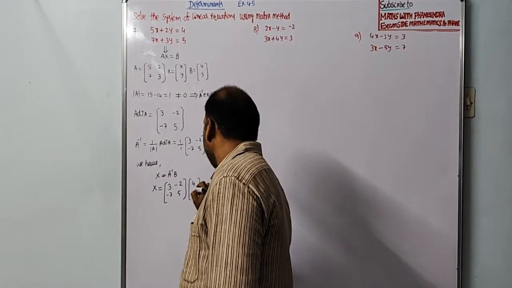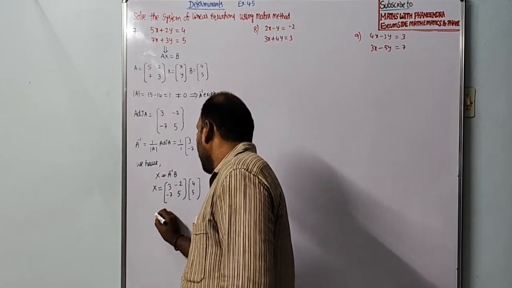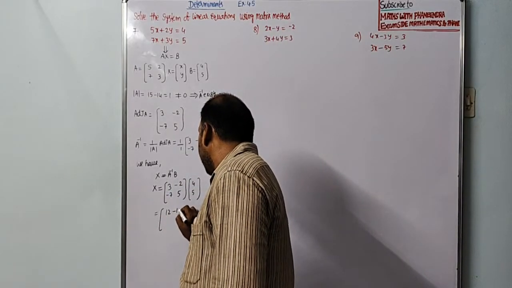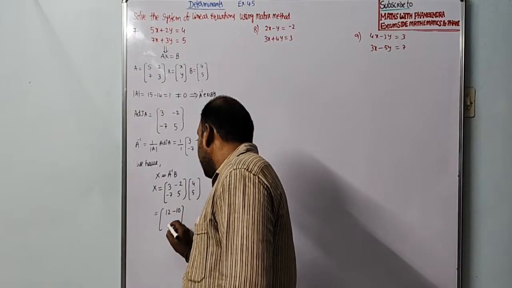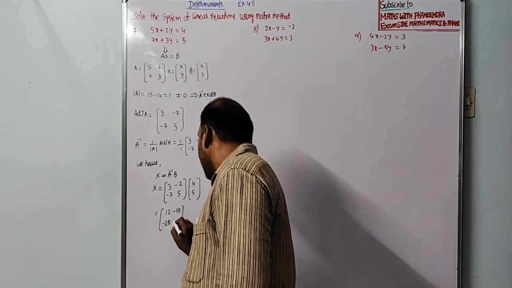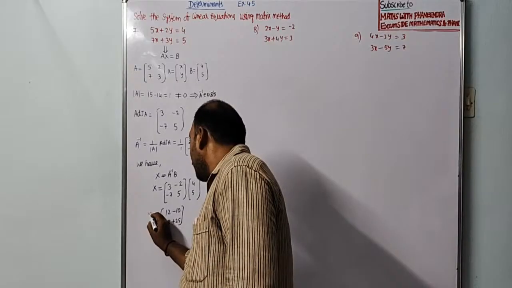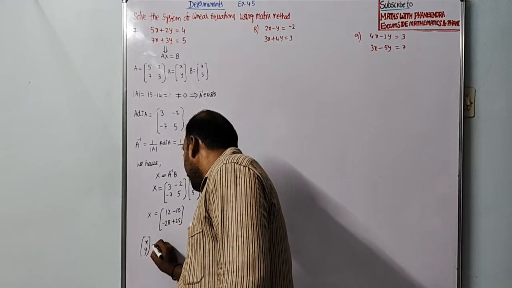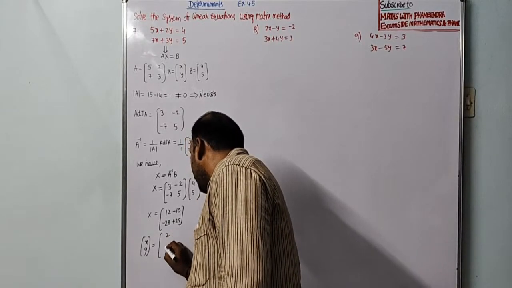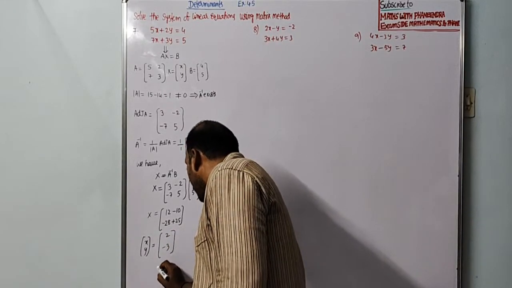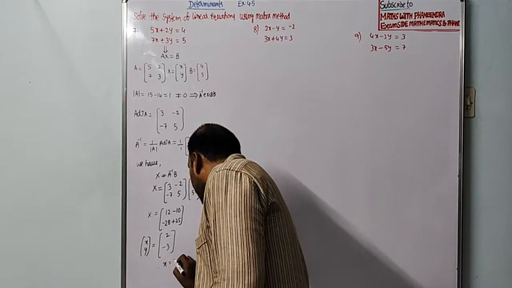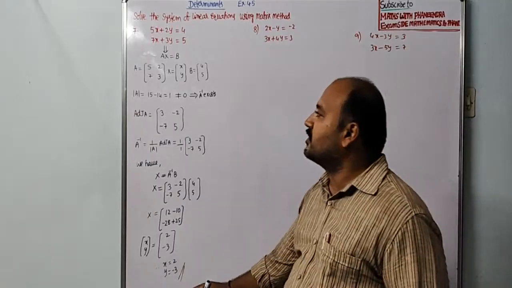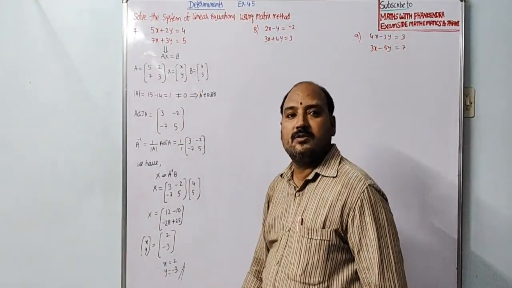B is 4 5, which is equal to 3 into 4, 12, minus 5 into 2, 10, minus 7 into 4, minus 28, plus 25. So therefore x means what? Solution matrix, small x, small y, which is equal to 2 minus 3. Therefore, x is equal to 2, y is equal to minus 3, which are the solutions of the given system of linear equations.